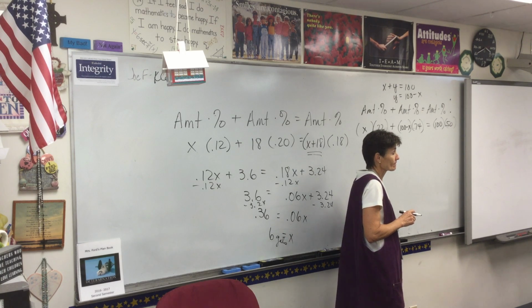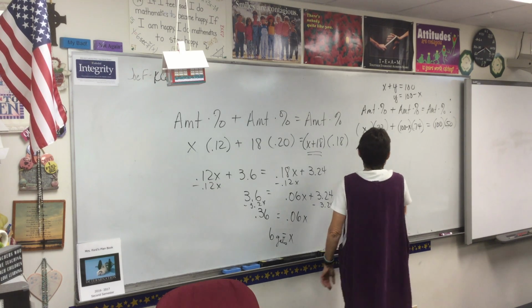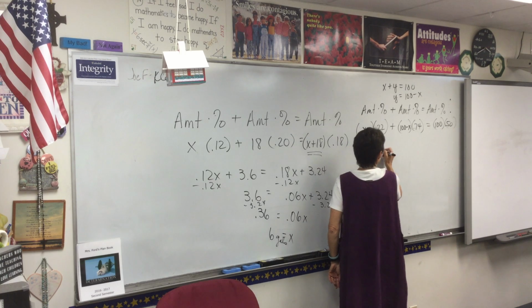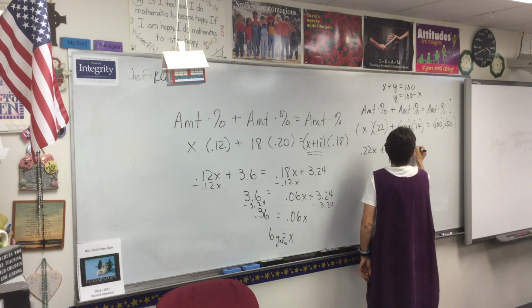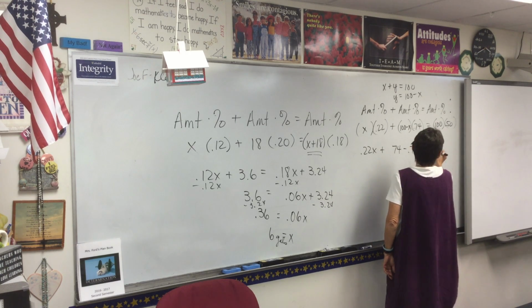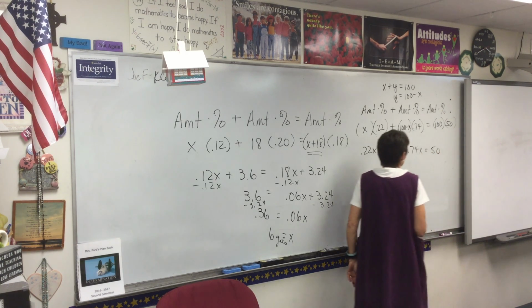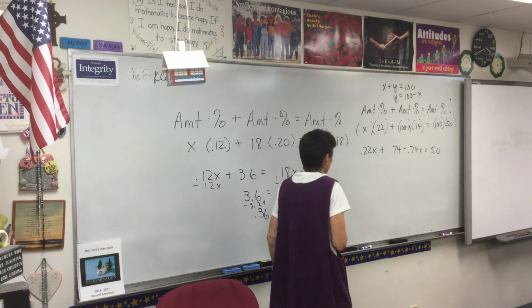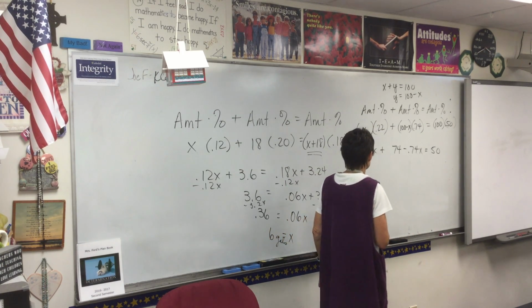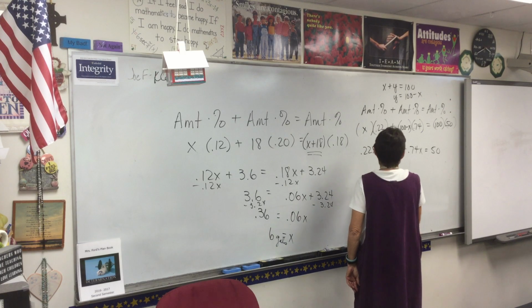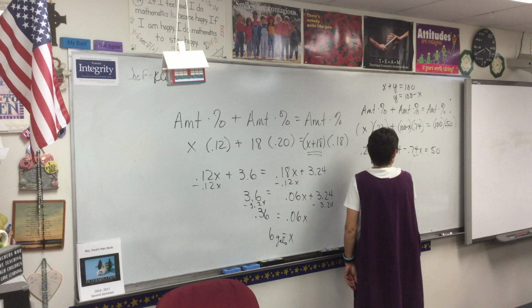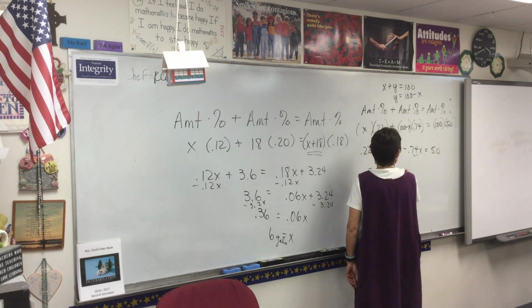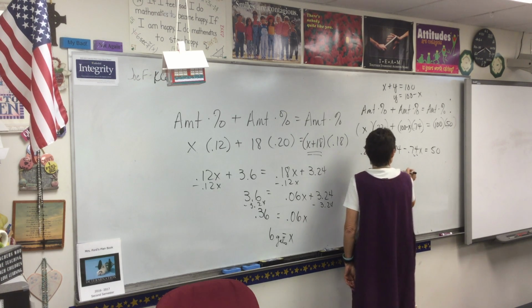Right? All right, well, here we go. We got 0.22x plus 0.74 times (100 minus x) equal to 50. So how many x's do I have over here? Negative 0.52x. Keep an eye on my arithmetic.